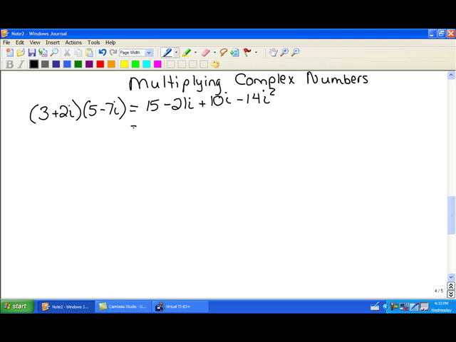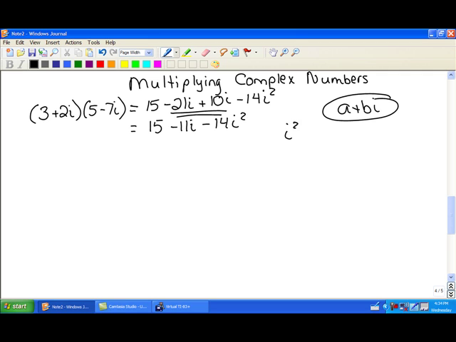Now if we clean up our like terms, that's going to give me 15 minus 11i minus 14i squared. But notice that is not standard form of a complex number. We want to leave complex numbers in a plus bi form. So we need to get rid of the i squared. Keep in mind that i squared is the same as negative 1.